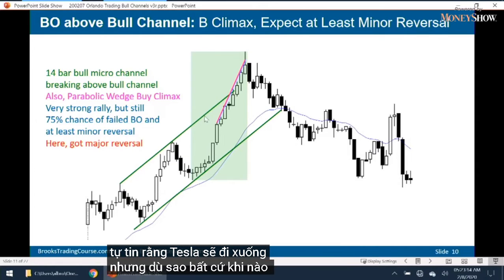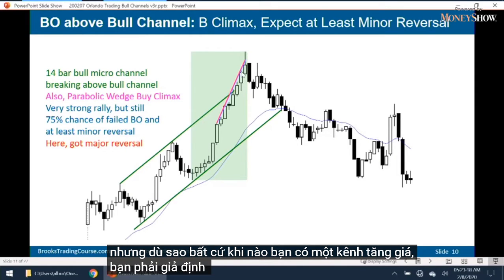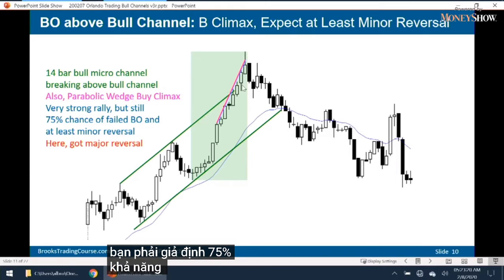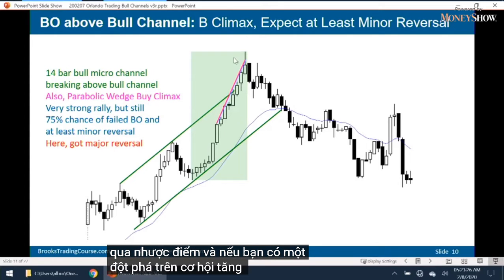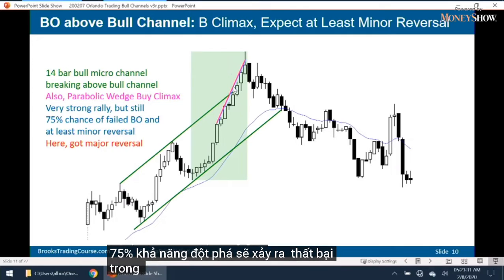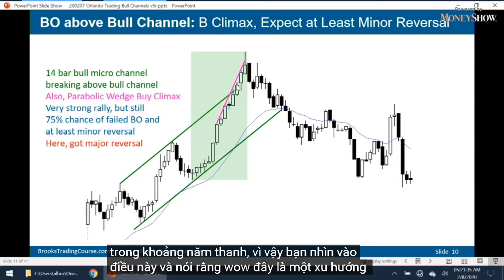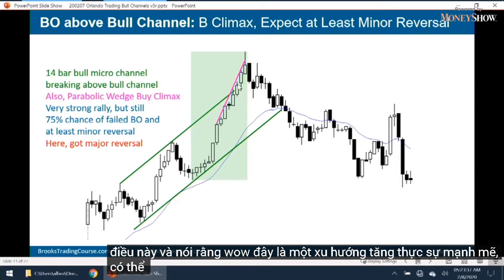But anyway, whenever you have a bull channel, you have to be assuming 75% chance you're going to break to the downside, and if you have a breakout above a bull channel, 75% chance the breakout is going to fail within about 5 bars. So you look at this and you say, wow, this is a really strong bull trend, right?